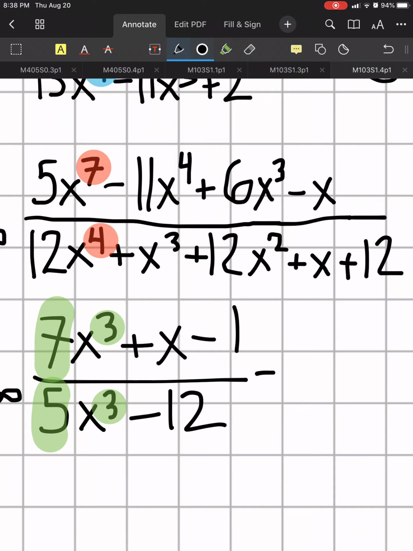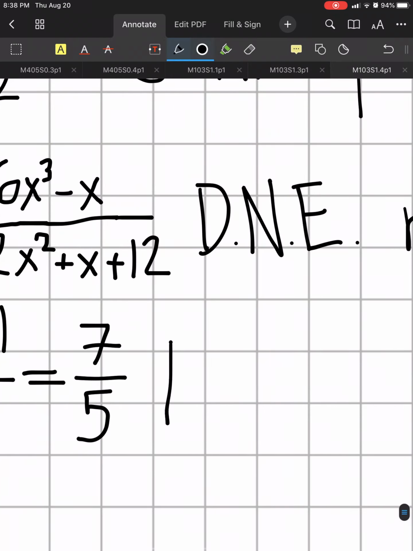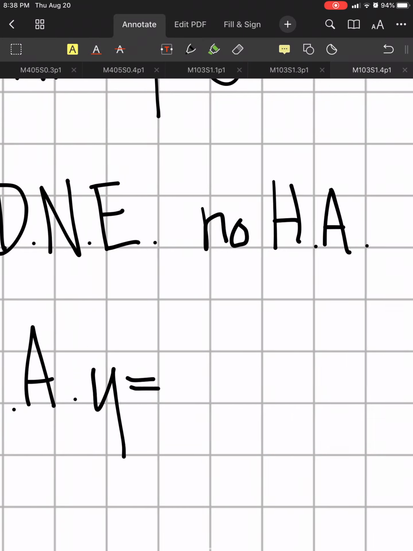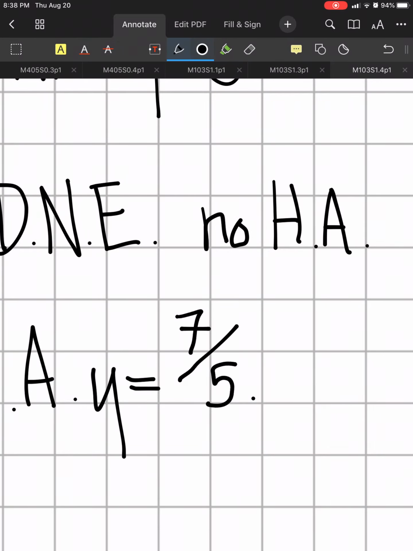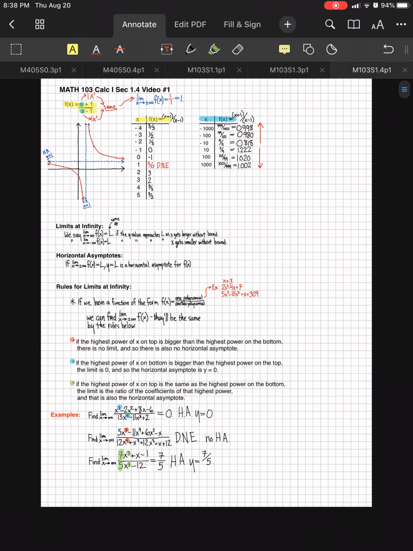The coefficient on the bottom is 5. So the limit is the ratio of those coefficients, in other words, 7 over 5, and that means the horizontal asymptote is exactly the same thing, y equals 7/5. And that is how we find these limits and the horizontal asymptotes.